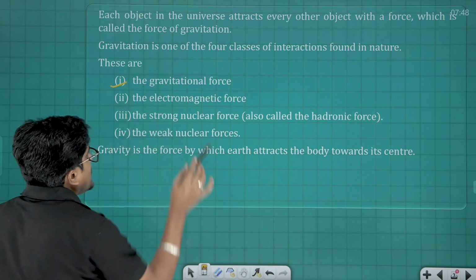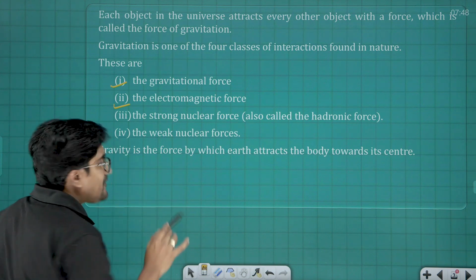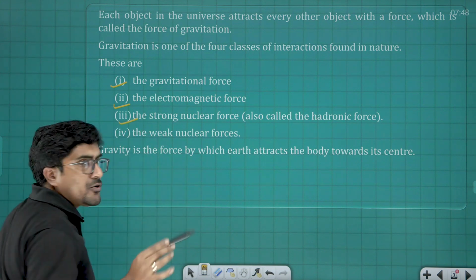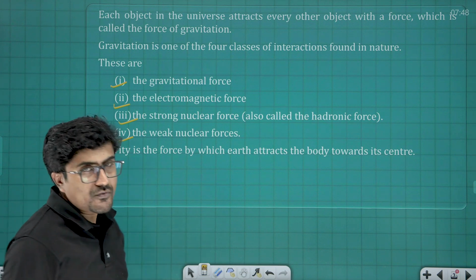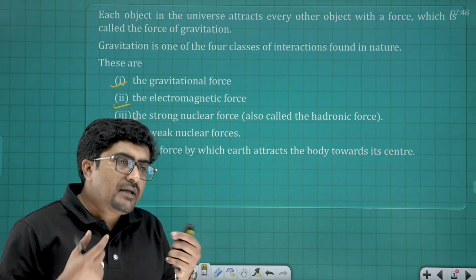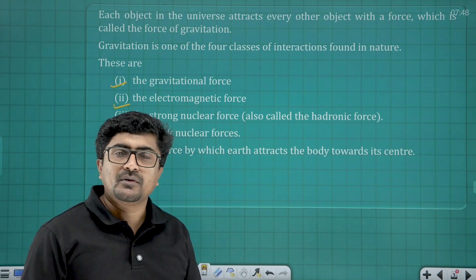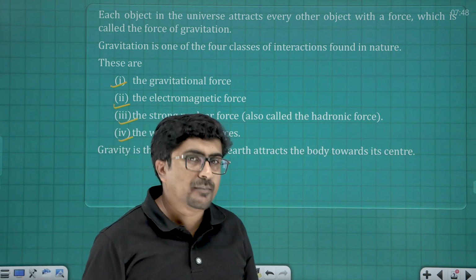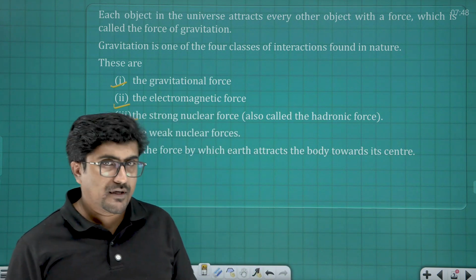First one is gravitational force, next one is electromagnetic force, next is strong nuclear force, and another one is weak nuclear force. Why we are discussing this is, many a times there were questions comparing gravitational force to other fundamental forces. That is the only point of discussion of this slide over here.